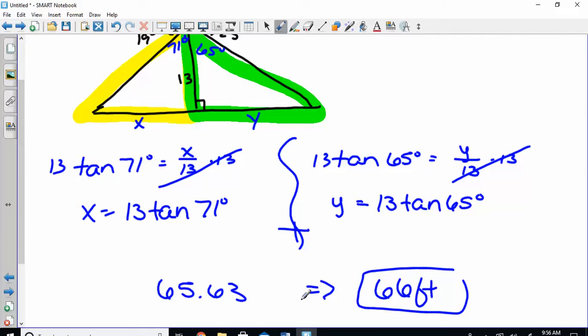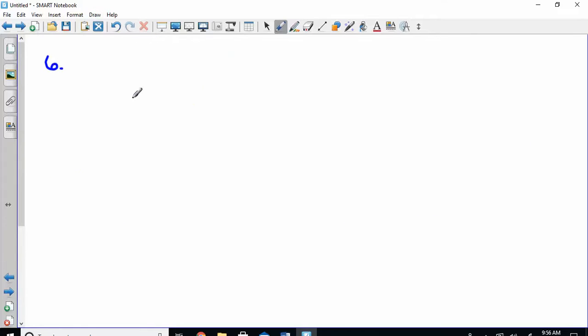So, next one, question number 6. We have a 76-foot flagpole. Actually 76.0, so how many significant digits is that? 76.0 is 3. If there's a decimal, you count the zeros after it.